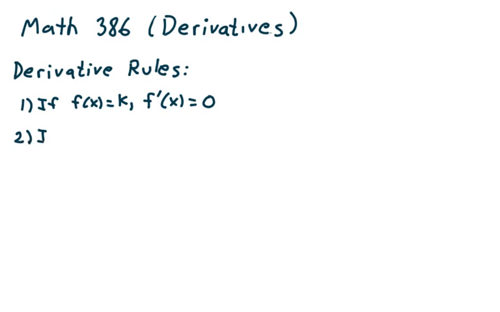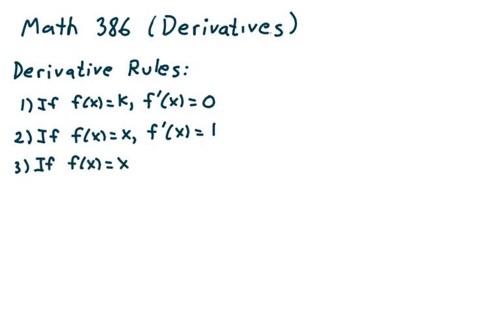Number 2, if f of x equals x, the derivative of f of x is 1. If f of x equals x squared, the derivative of f of x is 2x.